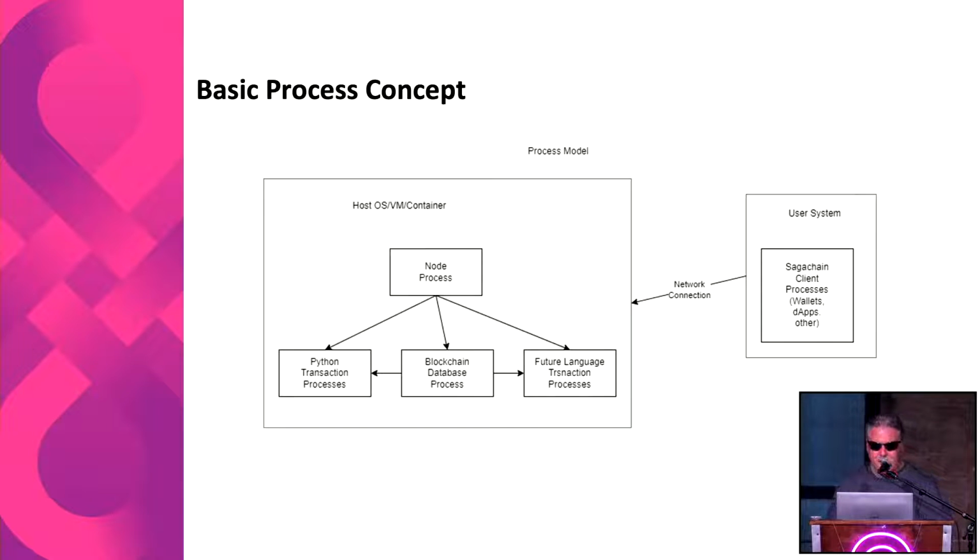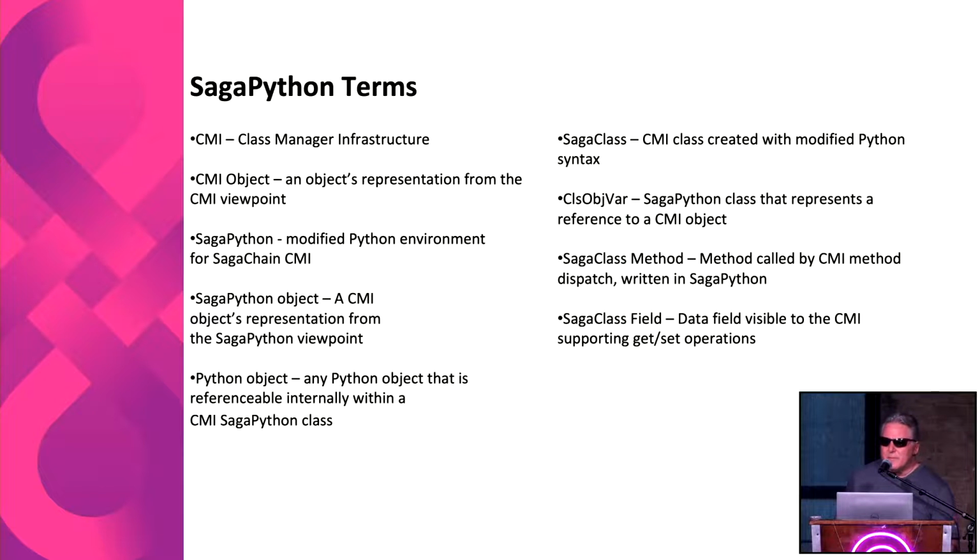Could we go to the next slide, please? All right. A quick background on terms, so we can get into this a bit. When I say class manager infrastructure, that's our system, and I'll say CMI a lot, for managing and creating a class concept on the blockchain. I'll go through some slides that diagram what it actually means in a minute.